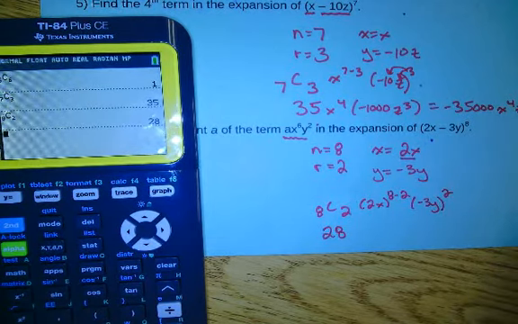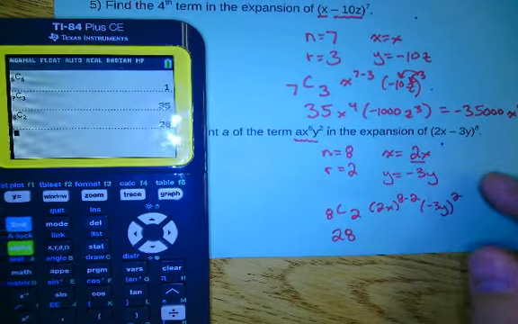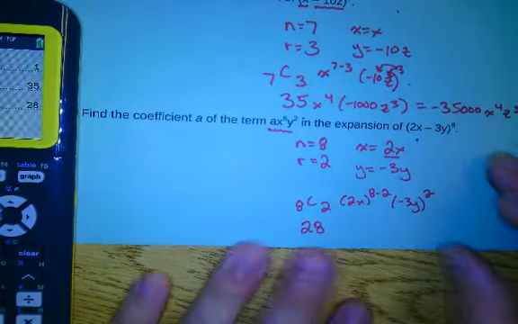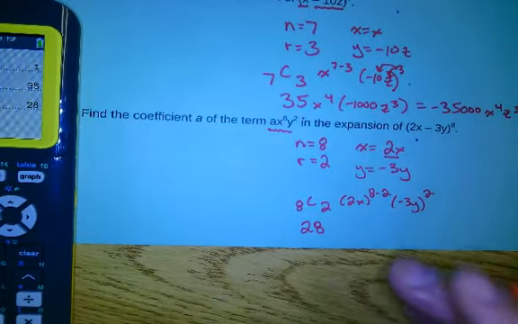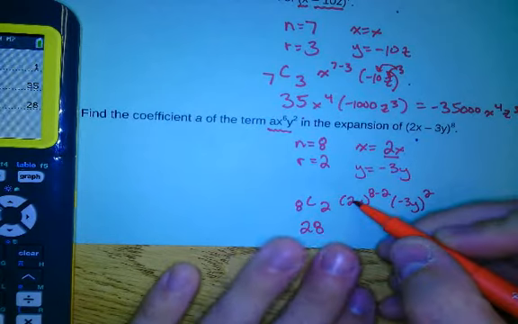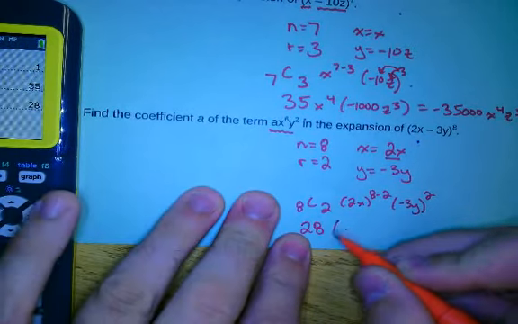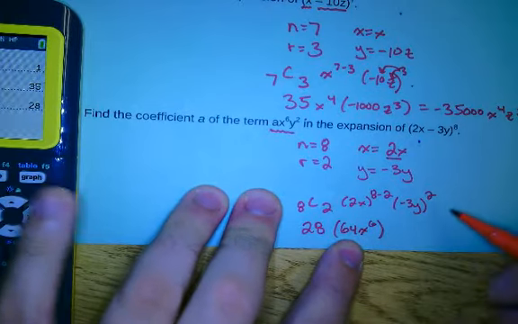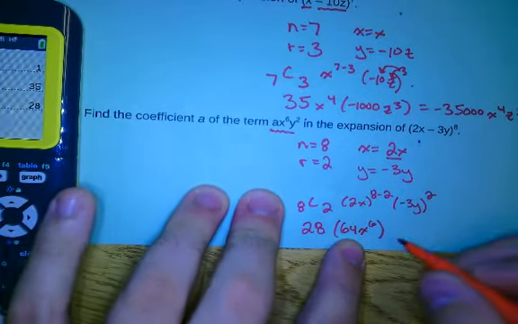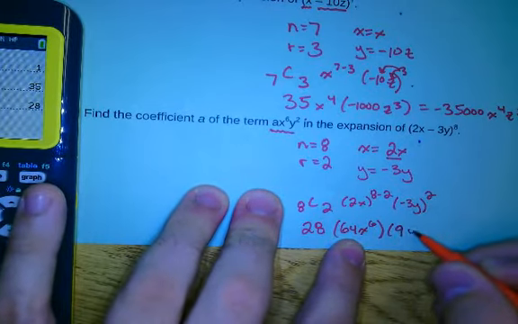What's 8 minus 2? 6. What's 2 to the 6th? 64. So 64x to the 6th. What's negative 3 squared? 9y squared. So now I just need to do 28 times 64 times 9, and I have my number.